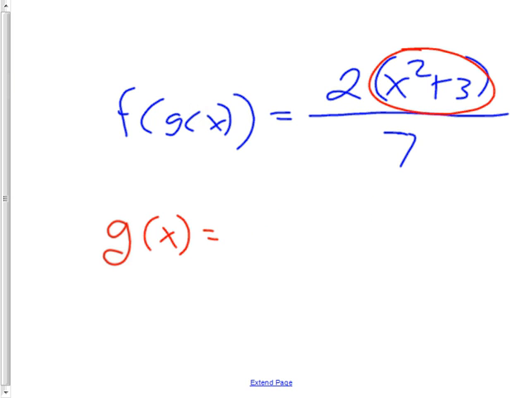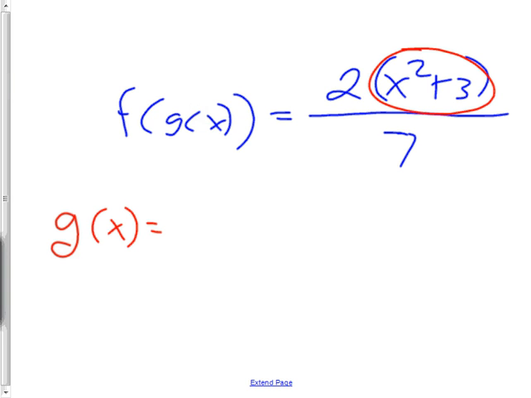What's another option that takes out either more or less than the x squared plus 3? Okay, so you should have tried something like pulling out the whole top, maybe.